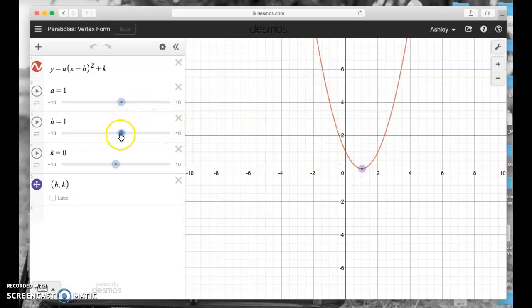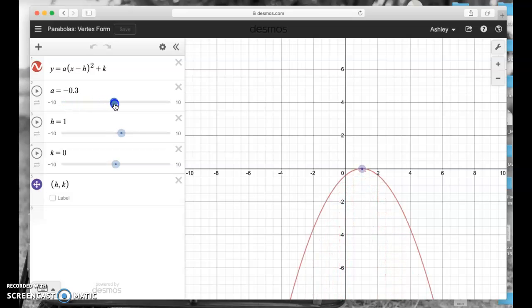So I pulled this up because hopefully you all have had that chance to play around with this earlier, but I want to just show you, remember this a value is going to change it, and how it changes it is by making it skinnier, making it wider, and when it goes negative, it reflects over that x-axis and still does the narrow or wide.